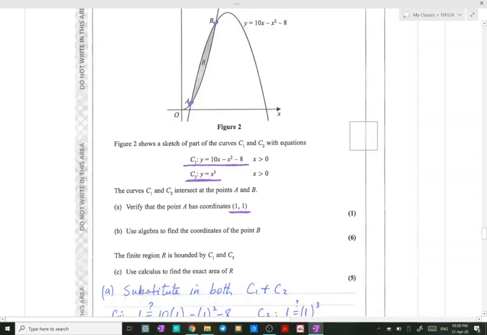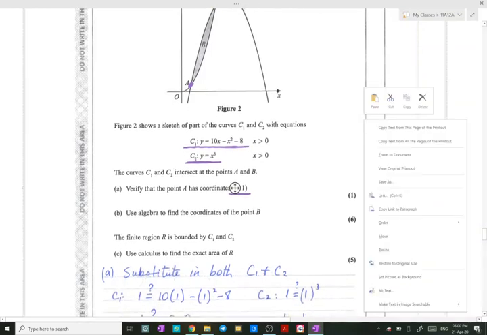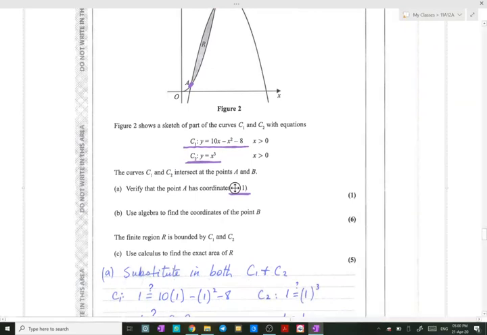Then we can prove that if the coordinates satisfy both these equations, then (1, 1) are the coordinates of A.